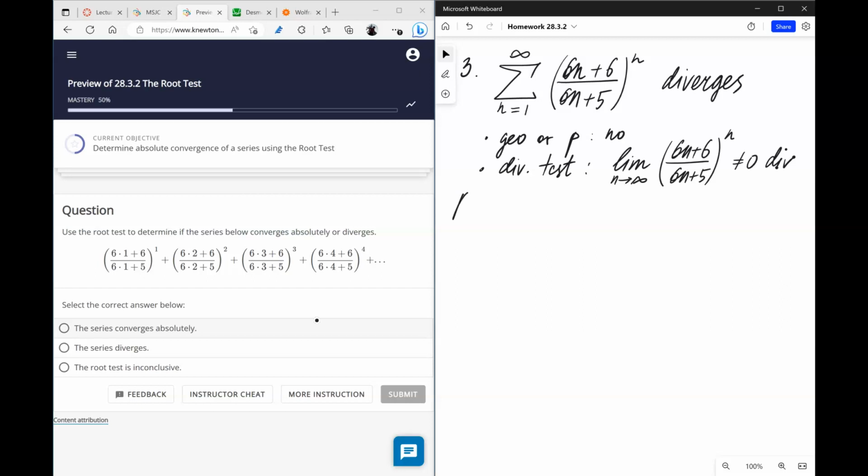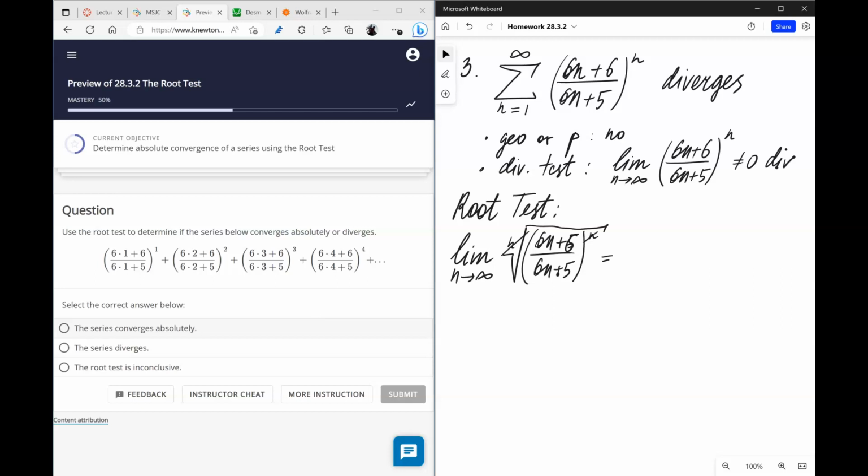But we're not asked to determine the divergence or convergence. We're asked to apply the root test. So to apply the root test, we're going to set up this limit as n goes to infinity of the nth root of the absolute value of the nth term.